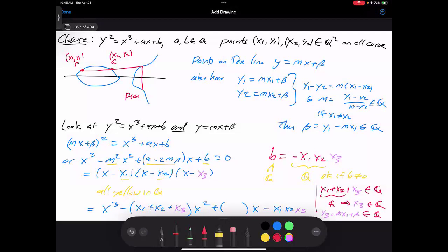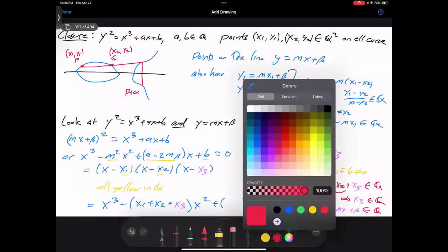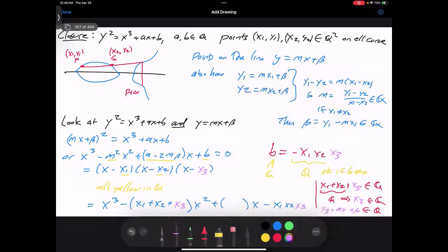Because we know x3 is rational and the line has rational coefficients, we know that y3 is rational. So its reflected value, negative y3, will also be rational. So this gives us closure.